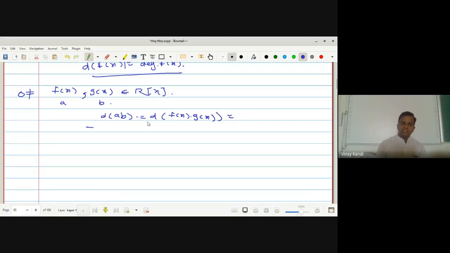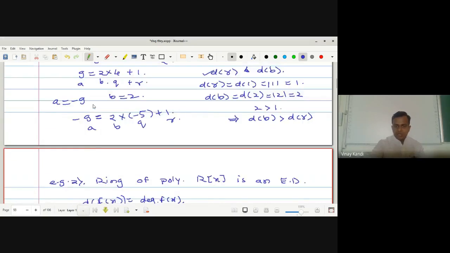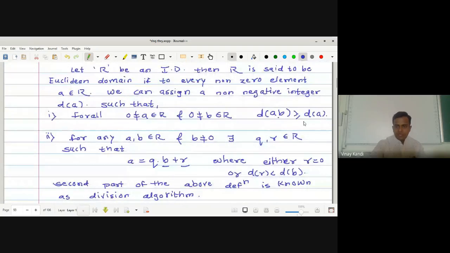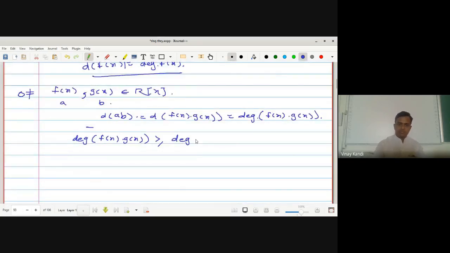How is the d function defined? Degree of f(x) into g(x), which is always greater than or equal to degree of A. Your element A is f(x). Its degree will always be higher, since g(x) is non-zero. Hence here d of AB is greater than or equal to d of A. Okay, first condition satisfied.